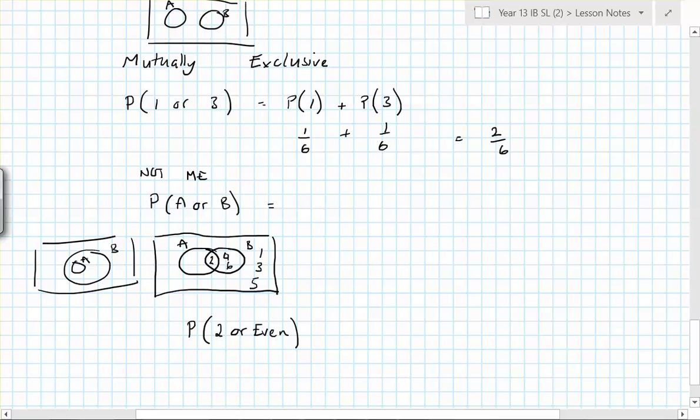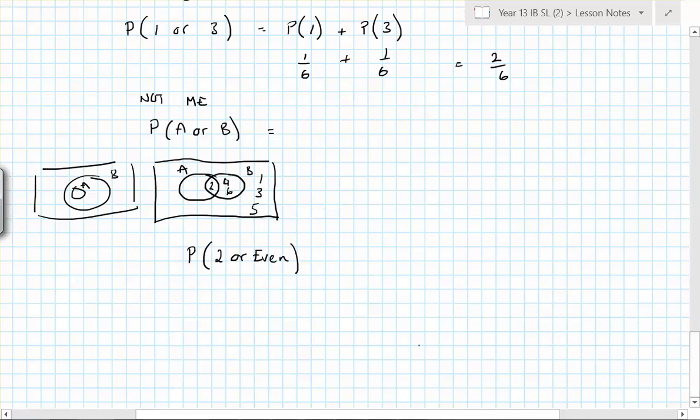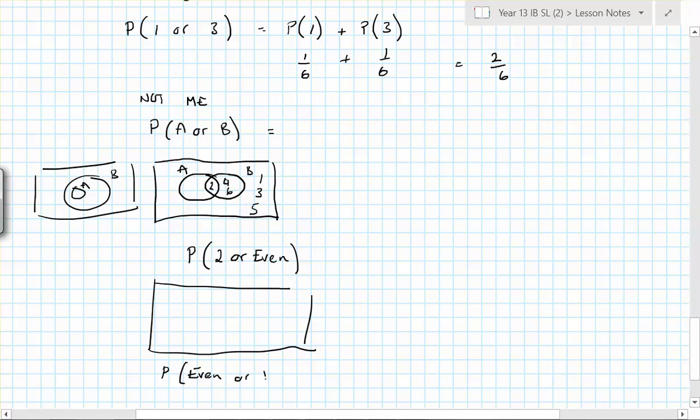If I chose a different situation, like probability of even or prime, what would be the probability of getting an even number or a prime number from a dice?